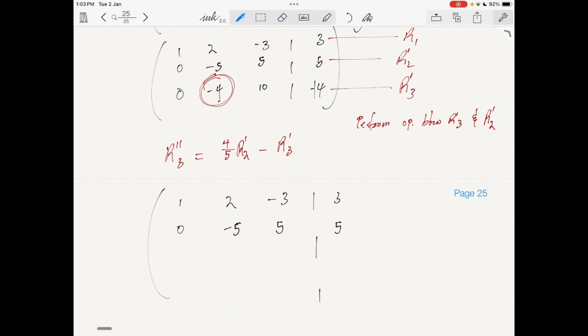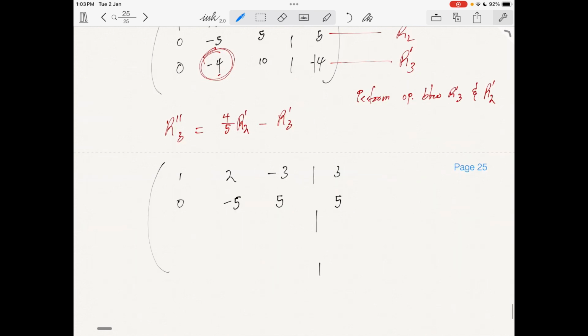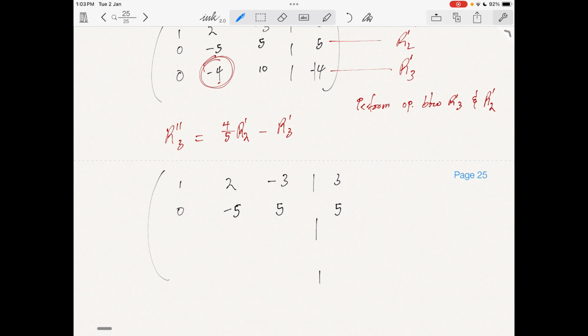Now, we want to perform row 3 prime. So we have 4 over 5 row 2. Row 2 there is 0, minus row 3, 0, or row 3 prime.